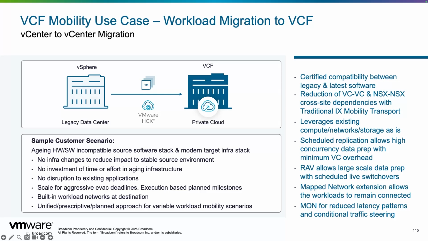This migration can be done as a lift and shift approach, where the entire data center migrates at once, or as a wave migration, where certain applications or workloads from certain racks migrate first and others follow at a different time. In that approach, HCX also has the option to provide L2 network extension, so workloads can communicate continuously between sites and nothing breaks.